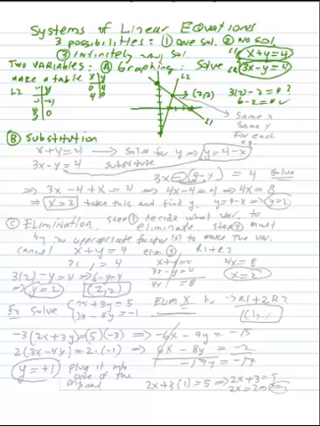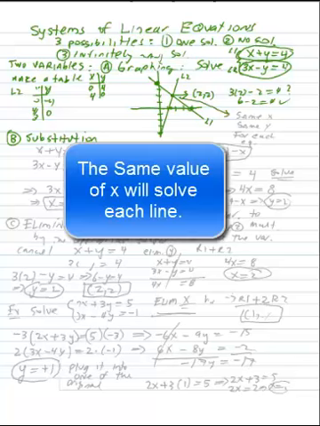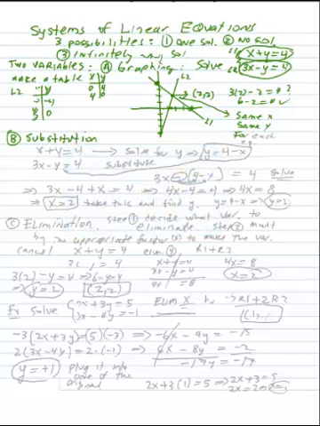In the method of substitution, the idea is to take either equation and solve for one of the variables. It doesn't matter which one we decide to use to begin with, nor which variable we decide to start with, because at the point of intersection, we have the same x and the same y value for each equation.